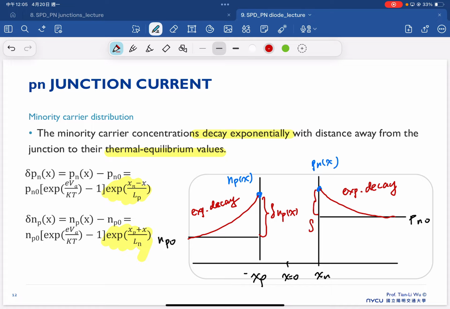This should be the delta Pnx here. So in the end, the conclusion is very similar to what we have learned before. We have this exponential diffusion for this excess minority carrier.